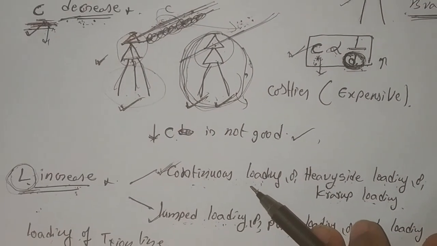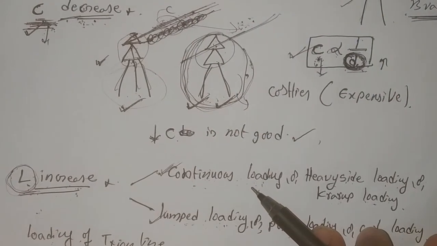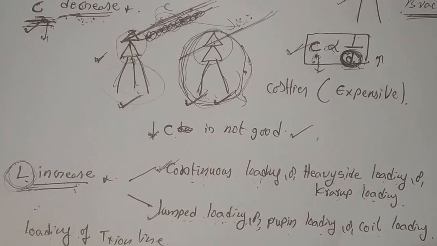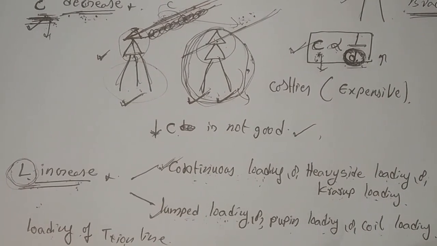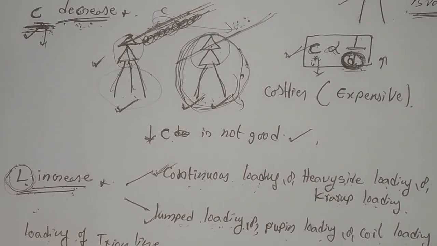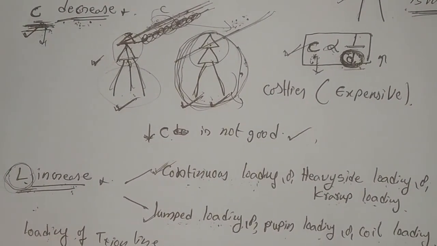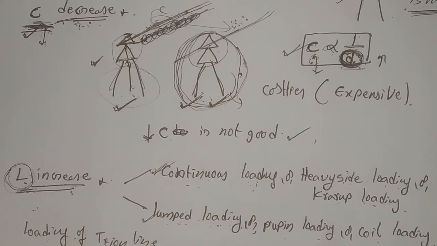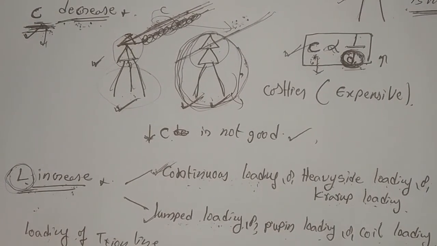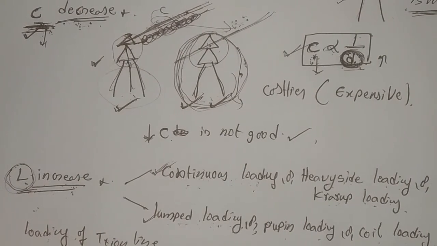So this is all about the introduction to the loading of the transmission line. What is clear to you is that, in order to have better distortionless power transmission throughout the entire length of the transmission line, the condition you require is R by G equal to L by C.